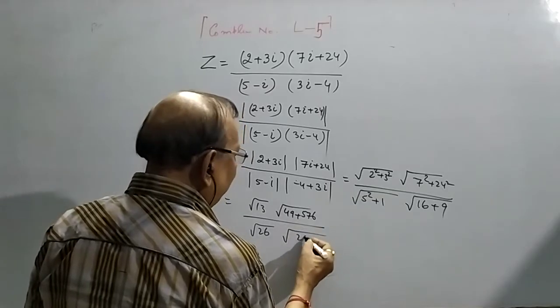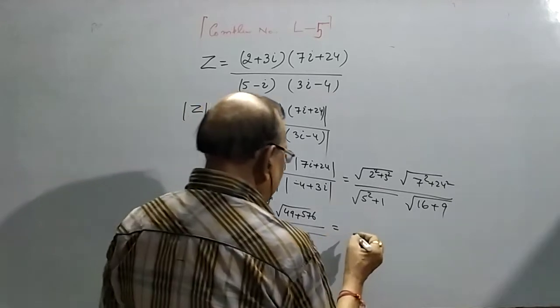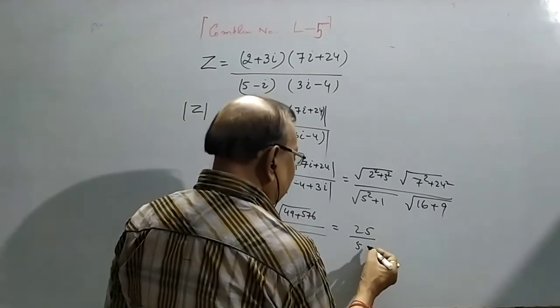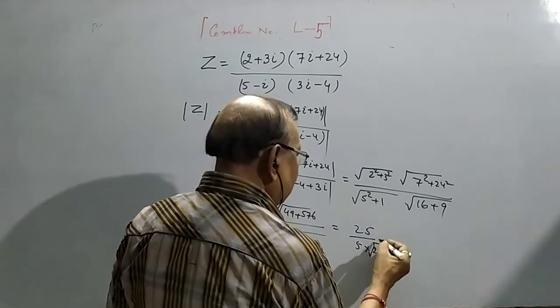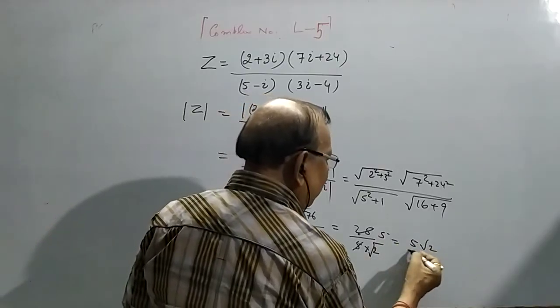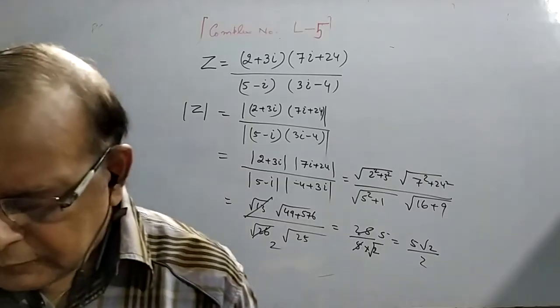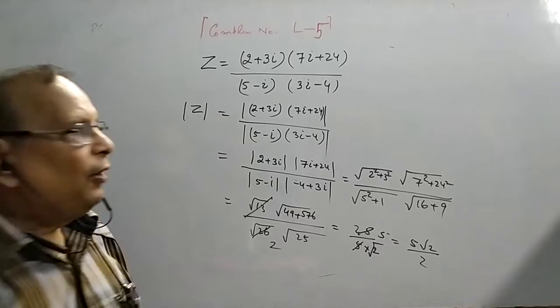That will be 25, and that will cancel out. That will be coming 25 upon 5 into root 2, or you may write 5 root 2 by 2, or 5 by root 2 if you write, there is no problem. That's it. So see, we may simplify, we may use this.